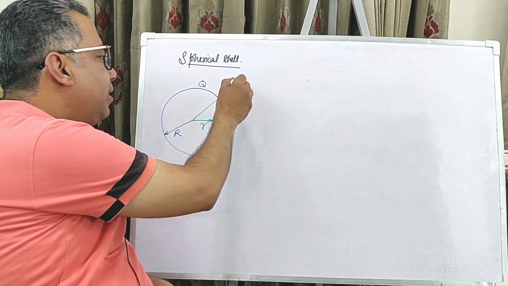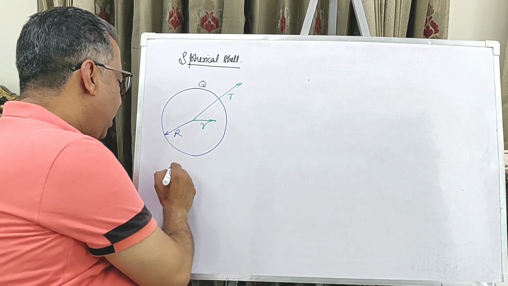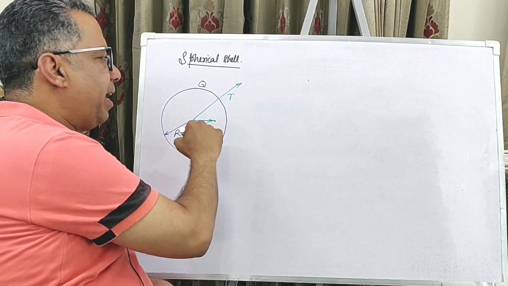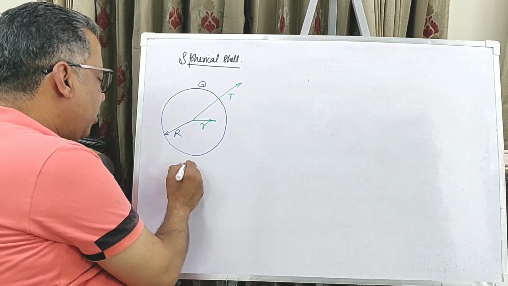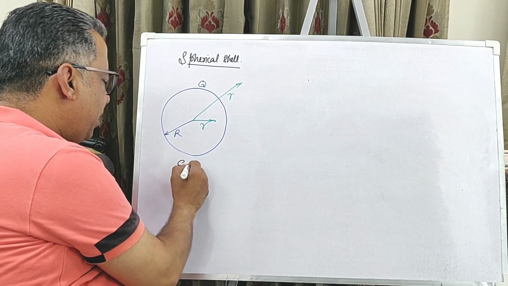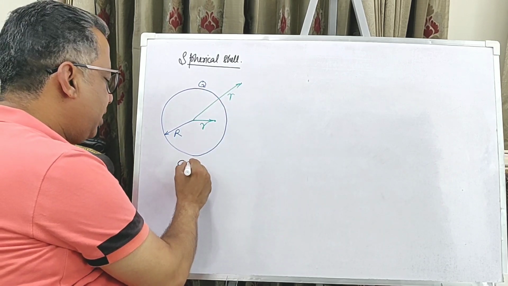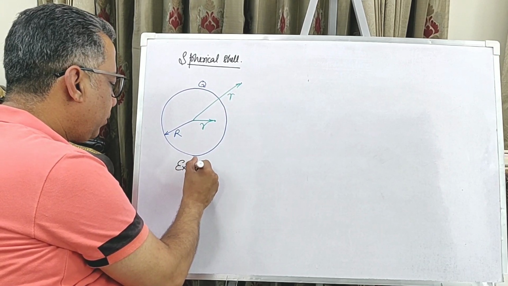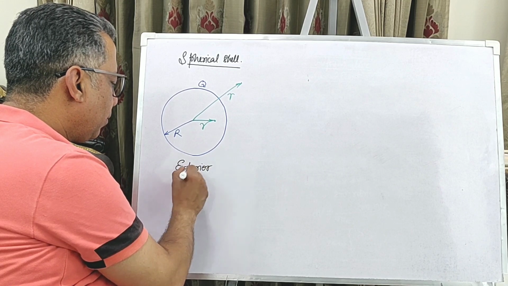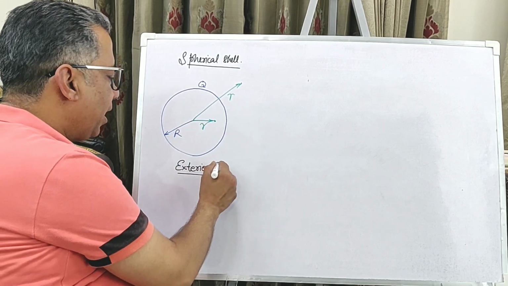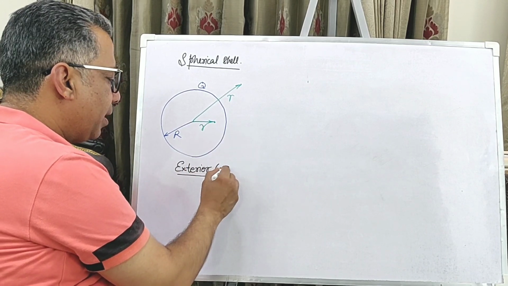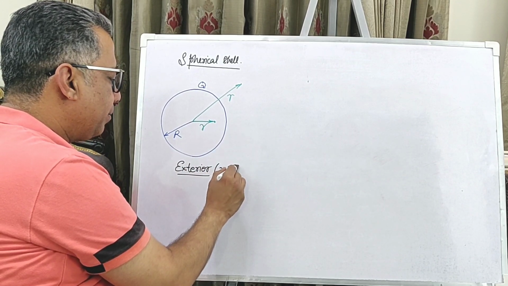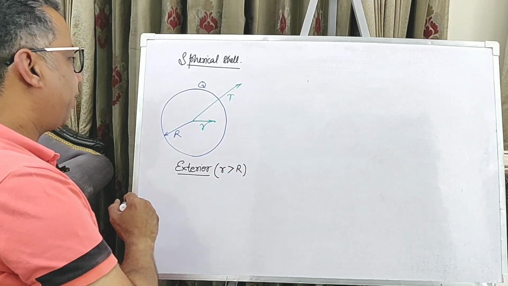So if you're looking at this point here, the shell is behaving like a point charge placed at the center. So we are first examining points in the exterior of this shell, and exterior means the distance small r from the center is greater than capital R.